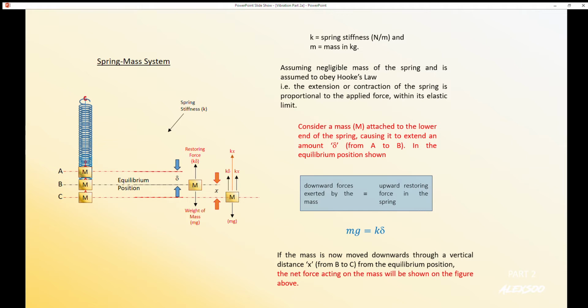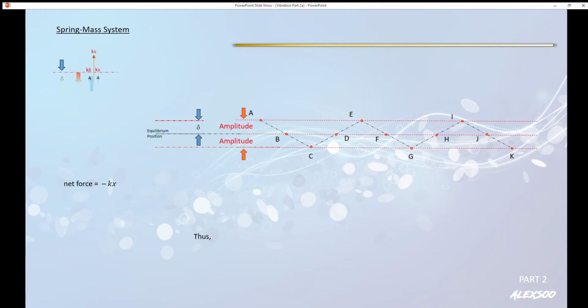So if the mass is now moved downwards further from B to C through a vertical distance x from the equilibrium position, the net force, in red color, acting on the mass will be as shown above, that is equal to kx. There will be a net force. The next part shows you delta and x.